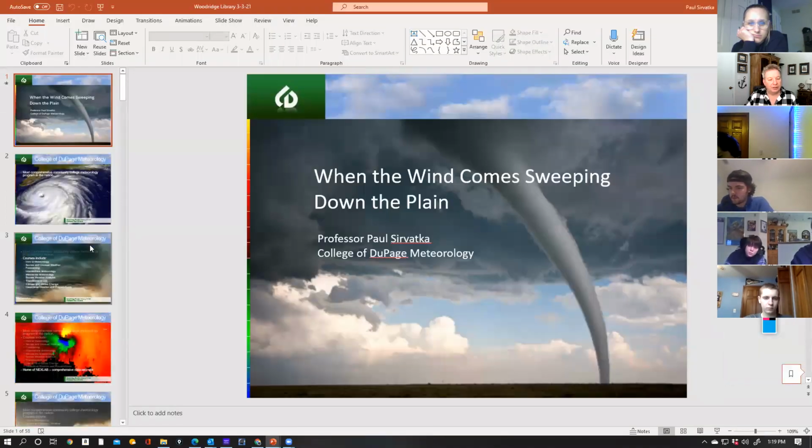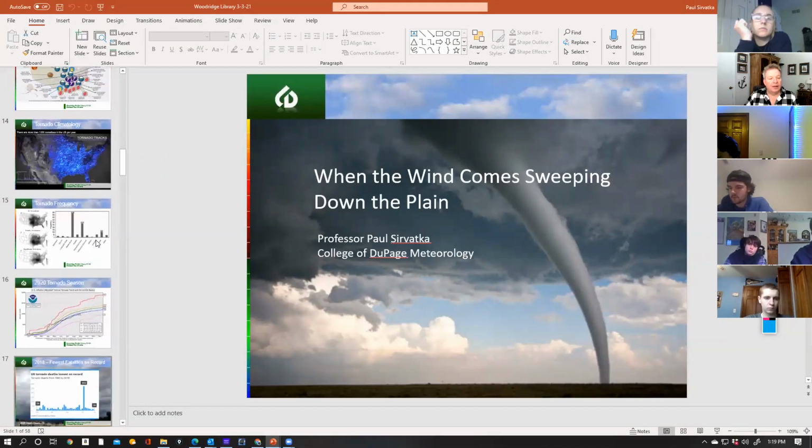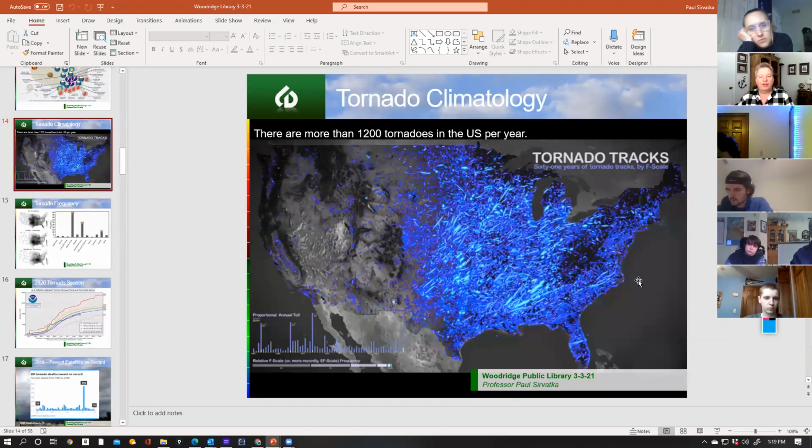at Woodridge. When we look at tornadoes, first of all, here's where tornado tracks have been over about a 60-year period. And all the bright regions are some of the strongest tornadoes. So notice it's over Louisiana, Arkansas, Mississippi, Alabama.